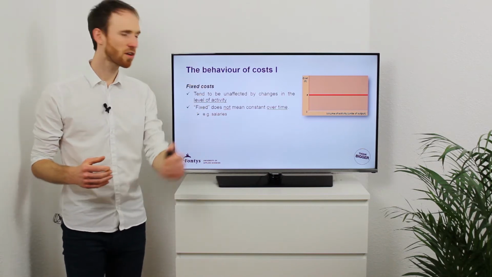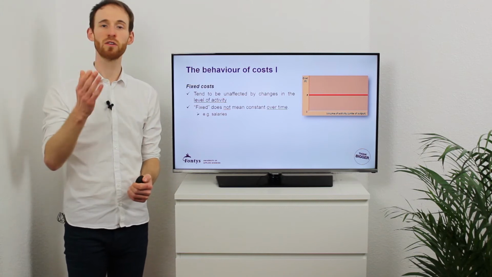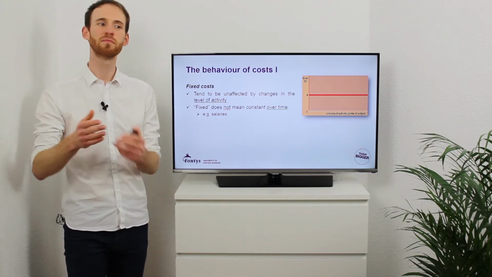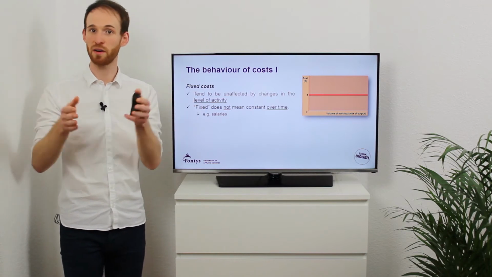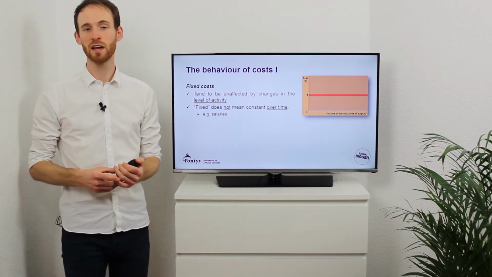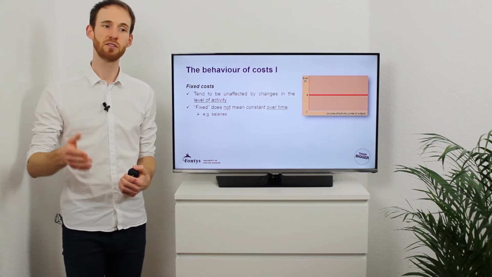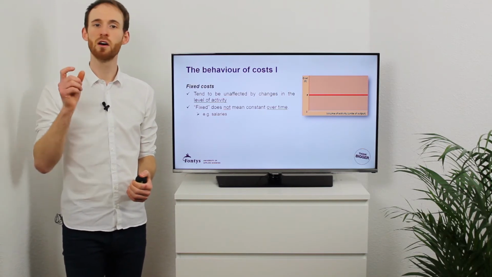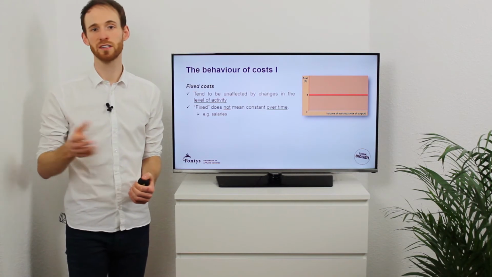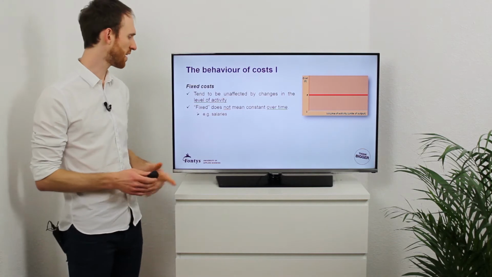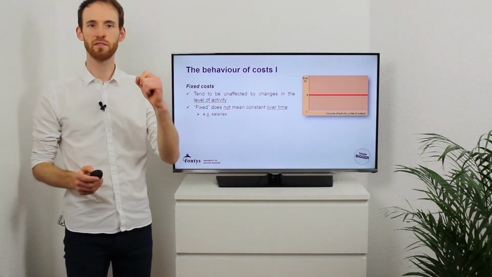Then the fixed costs are, for example, the rent for the apartment, especially the rent for the kitchen where you produce the food. It doesn't matter if you invite 3, 4, or 5 friends, the rent that you pay for your apartment will always stay the same. So it doesn't matter for how many friends you cook in that kitchen, the rent will always be the same. That's fixed cost.